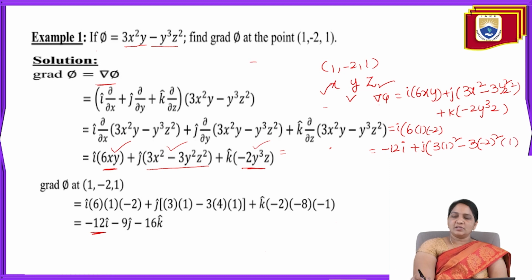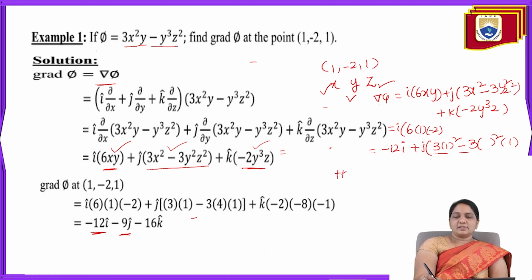So finally this is 3 minus 12, which is minus 9j.